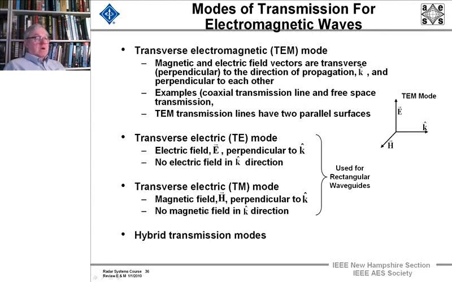Now, there are two other modes which rectangular waveguides use: the TE mode and the TM mode. In the TE mode, the electric field is perpendicular to K, that is, perpendicular to the direction of motion, and there's no electric field in the direction of motion.